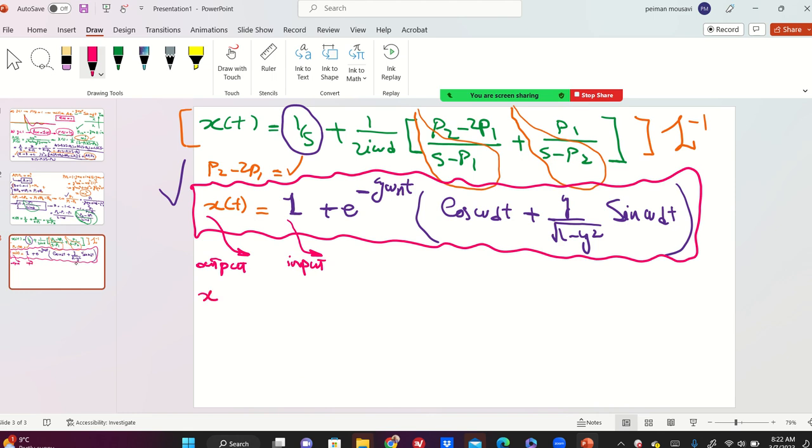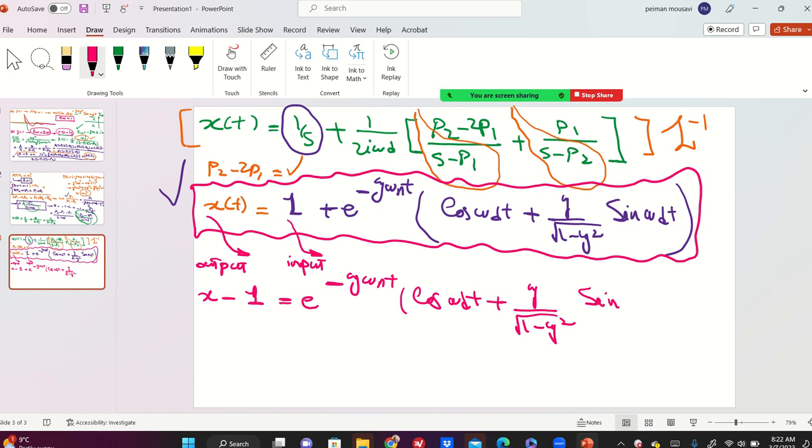So I'm saying output minus input equals e to the minus zeta omega n t times cosine omega dt plus zeta over square root of 1 minus zeta square sine omega dt.